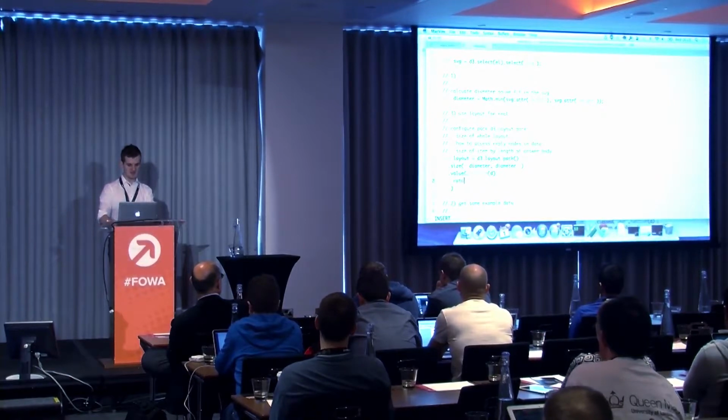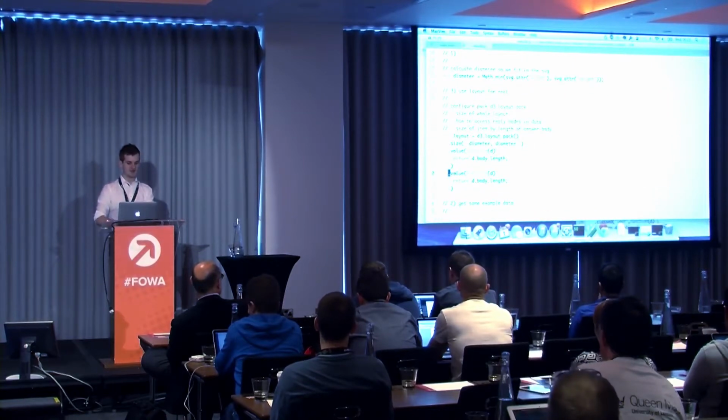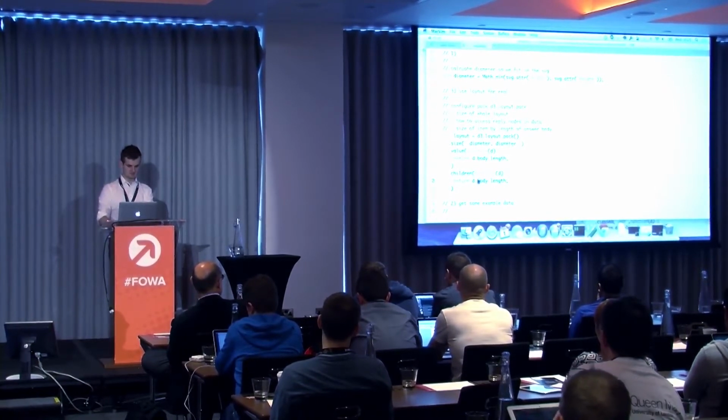I'm then going to set the size of this layout, so it's going to be diameter in both directions, so it's a circle. And then we're going to set, okay, how big are each of these nodes? Well, in this case, with our real data, it's actually going to be the length of the comment itself. I'm going to say, how do you get down the hierarchy? How do you get the children of that node? So I say children, and that's just going to be d.replies.